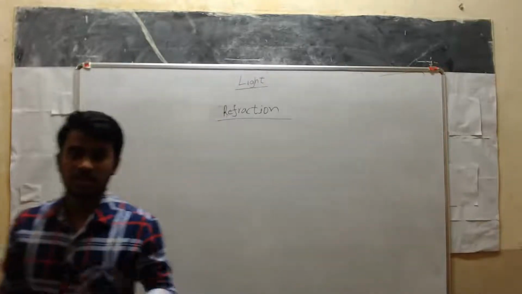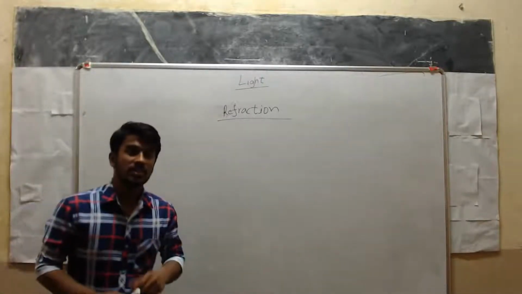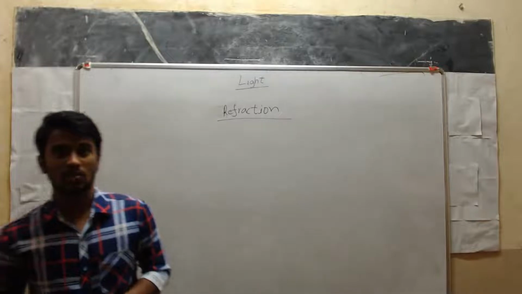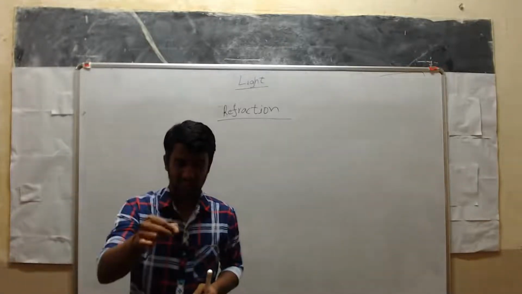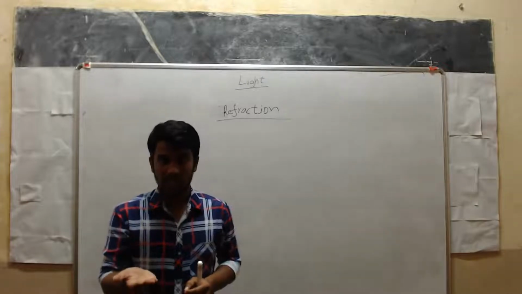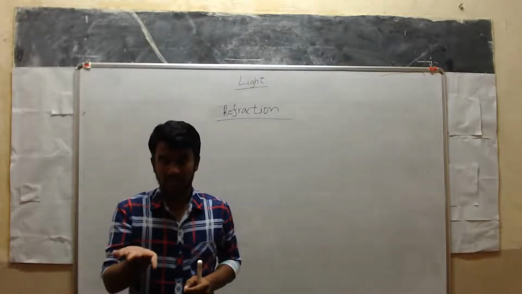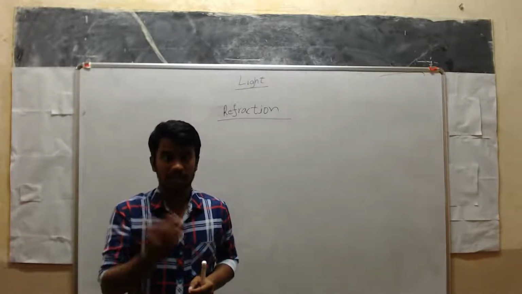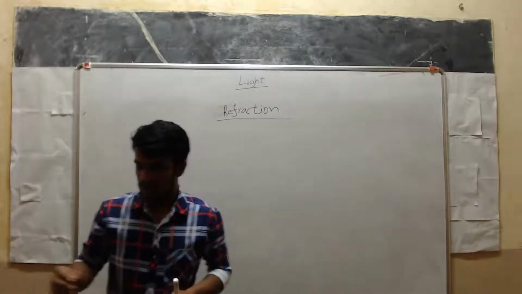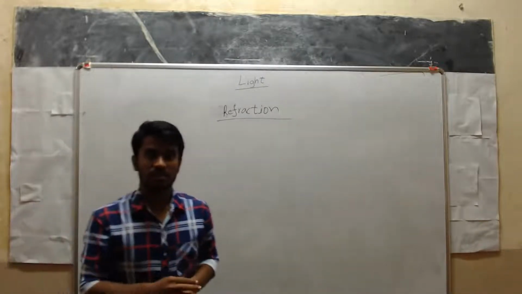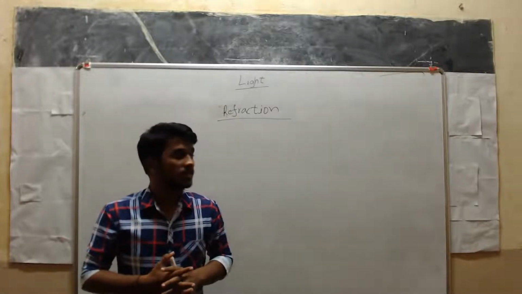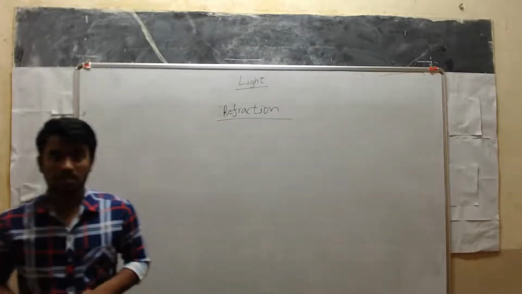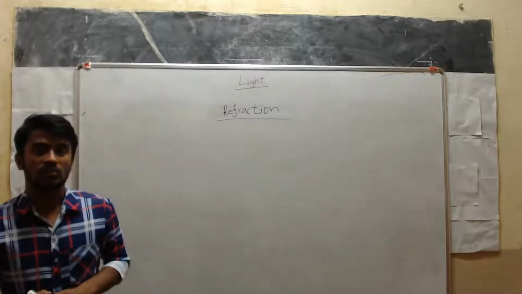What are the reasons for these things? So that is due to the refraction of light. When you put a water drop over the letters, then the letters appear to be a little bit raised, right? When you keep the glass over the letters, then the letters appear to be raised. For this optical phenomenon, that is due to the refraction of light.